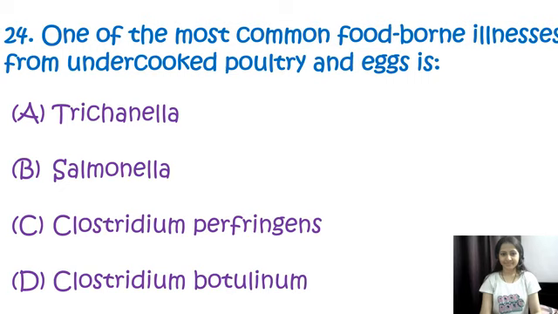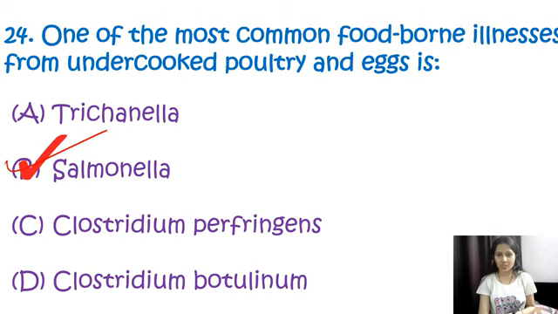Next. One of the most common foodborne illnesses from undercooked poultry and eggs is: Trichinella, Salmonella, Clostridium perfringens, or Clostridium botulinum. So the correct option is B, that is Salmonella. Salmonella is a bacteria commonly found in raw or undercooked poultry, eggs, or egg products.